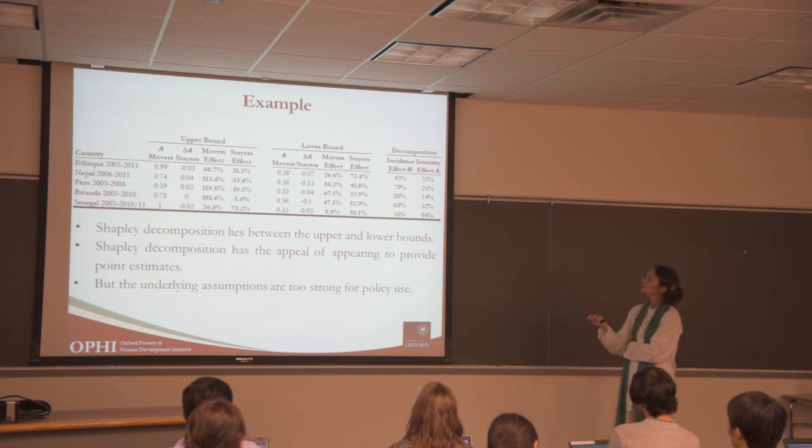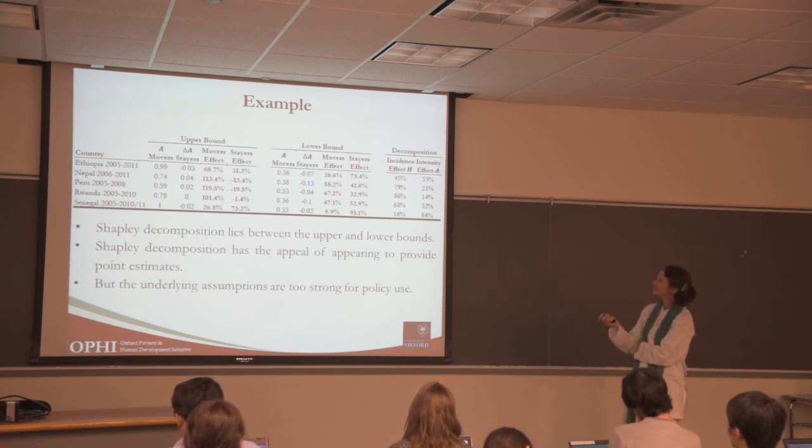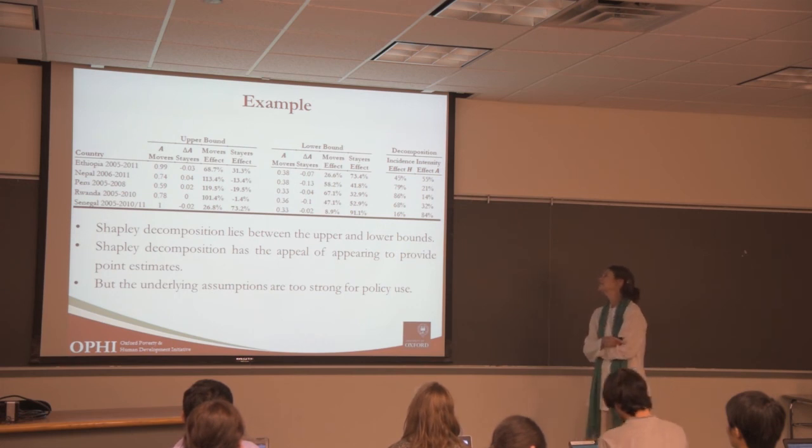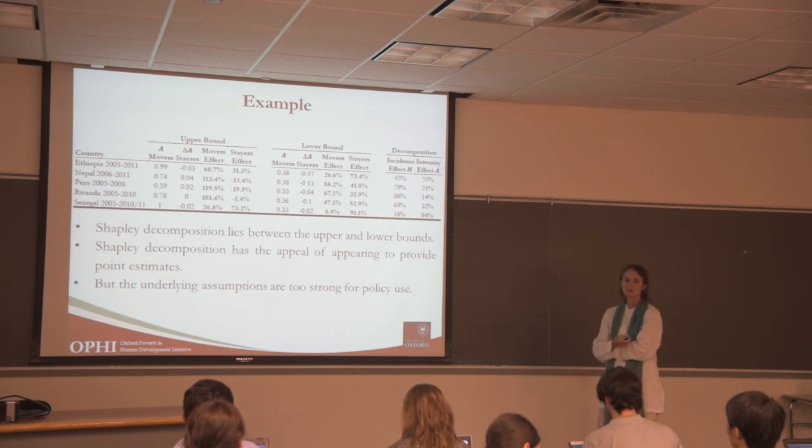But empirically, we have no idea if it is right. And it's the assessment that these empirical bounds are so far away in most cases that led, at least me, and I better take responsibility, to conclude that the assumptions are too strong for policy use.